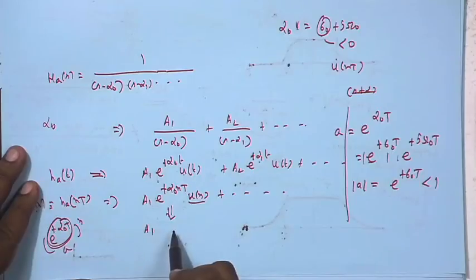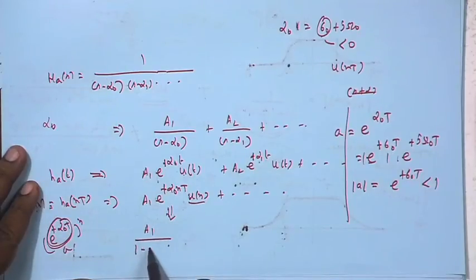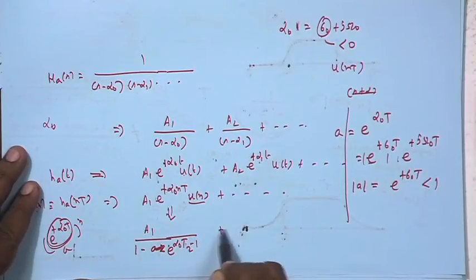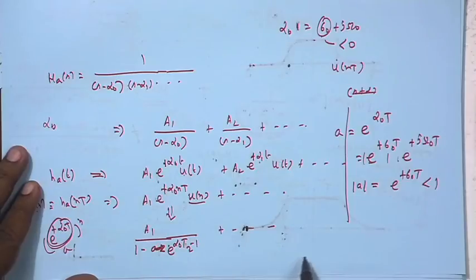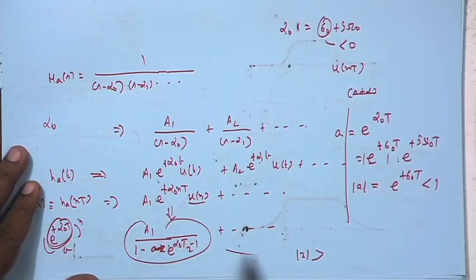So, that means if you take the Z transform, it will exist, and A is e to the power alpha 0 t. So, it will be 1 by 1 minus e to the power alpha 0 t z inverse, plus again similar things, and for this part ROC will be mod z greater than mod A, and mod A is less than 1.